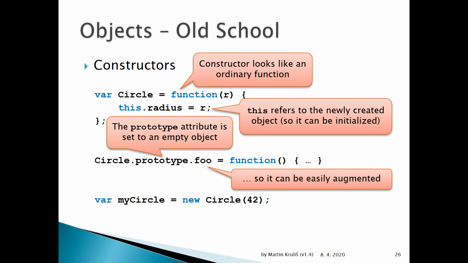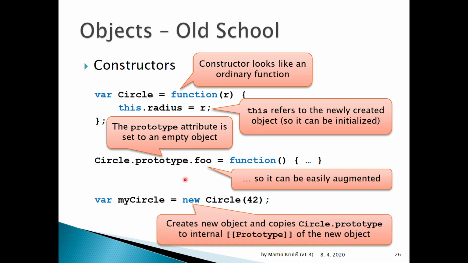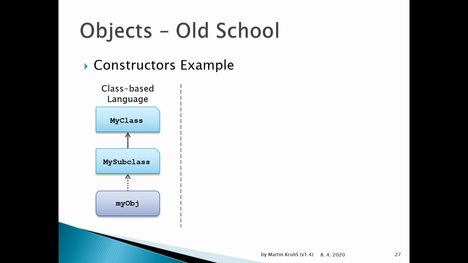And finally, new objects were created using the new keyword. So this was much more like regular class-based languages which have the new keyword, and the new uses the name of the constructor as the name of the class. So the constructor somehow supplemented, at least ideologically, the class.